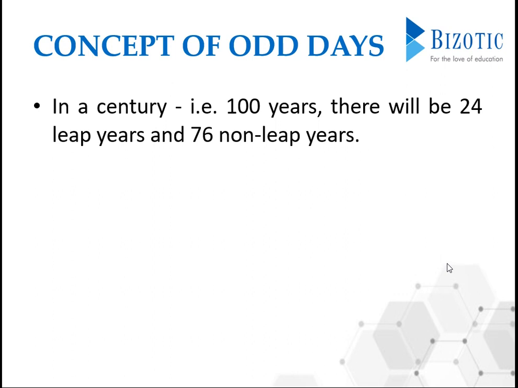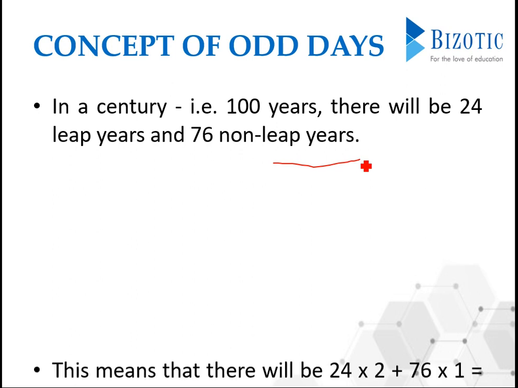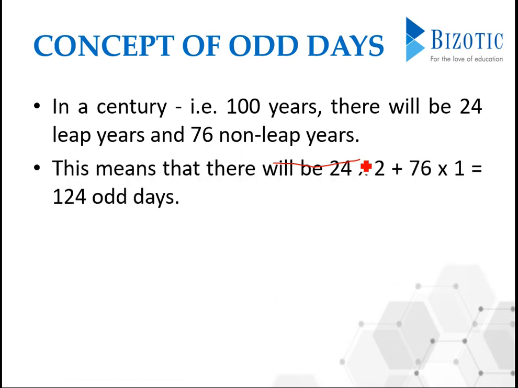Next, moving forward, in a century, that is 100 years, there will be 24 leap years and 76 non-leap years. This means there will be 24 into 2, since every leap year has 2 odd days, plus 76 non-leap years, where every non-leap year has 1 extra day, which gives us 124 odd days.